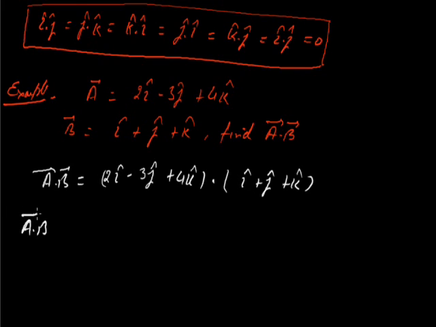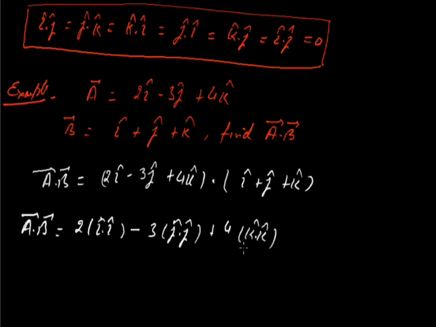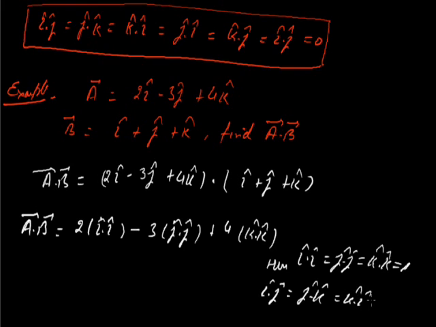A dot B is 2 into i dot i, minus 3 into j dot j, and plus 4 into k dot k. Here i dot i, j dot j, k dot k are 1 and the rest are 0, meaning i dot j, j dot k, k dot i are all 0.